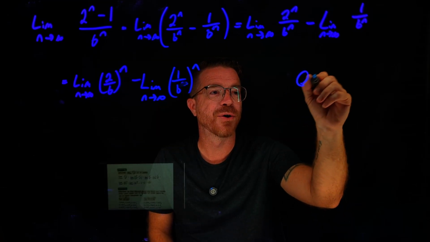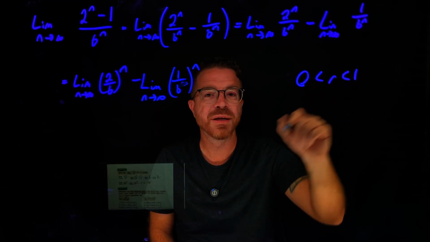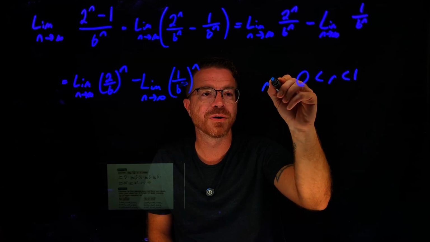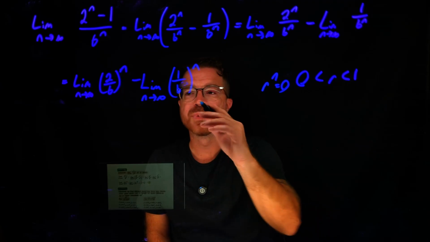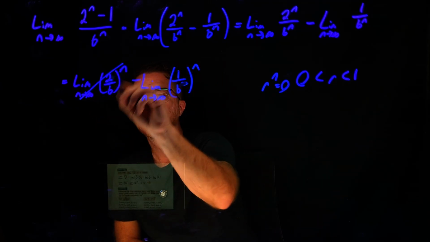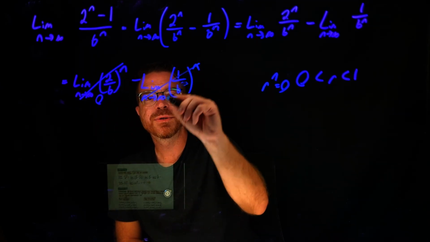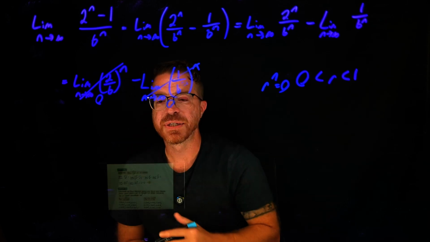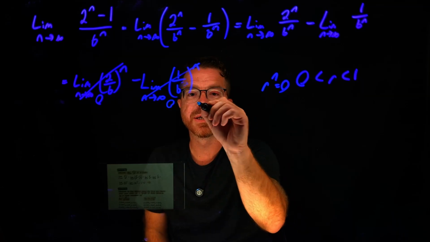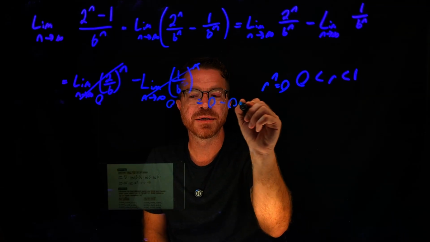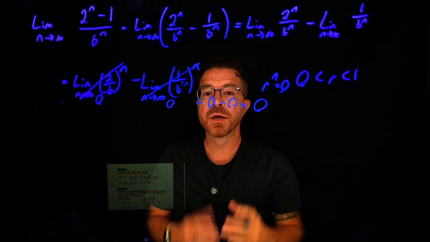If we had that r was between 0 and 1, then our r to the n was equal to 0. So in this case, this is going to go to 0. This is also going to go to 0 as we take our limit as n goes to infinity for both terms. So this is going to end up being 0 minus 0, which means that it converges to 0.